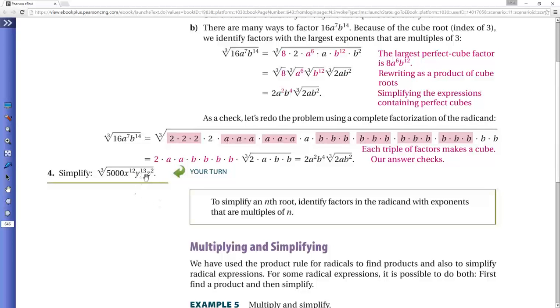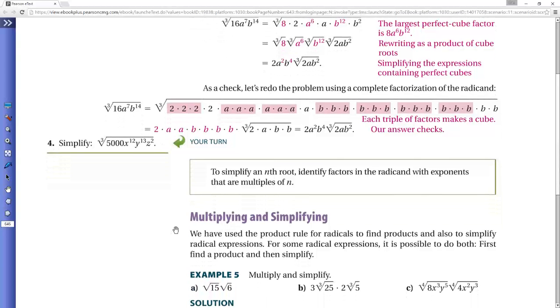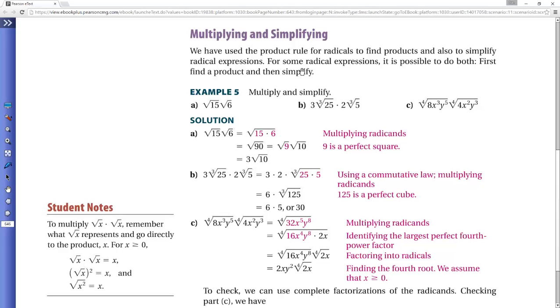Well, y to the 13th is not, but I can write y to the 13th as y to the 12th times y. And z to the second, I can't do anything to that. I need at least a multiple of 3, but it's not there. And 5,000 is 50 times 100, and then I'd break that down into prime factors to figure out what numbers I'm going to end up with.